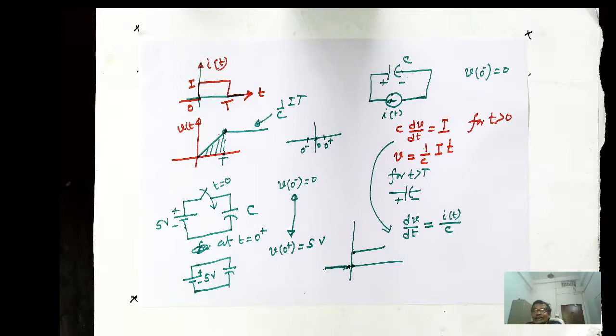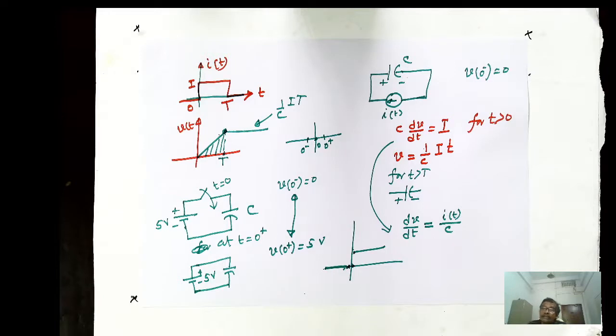You cannot deny that. Therefore, there must have been a current impulse, which will exist between 0 minus and 0 plus and will cause a change of voltage status of the capacitor in no time.